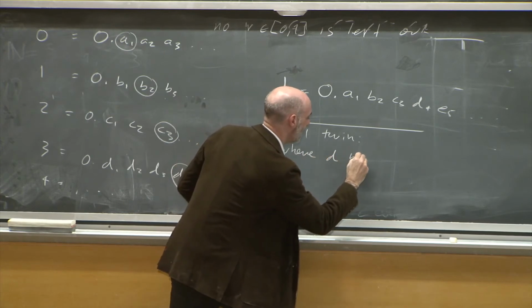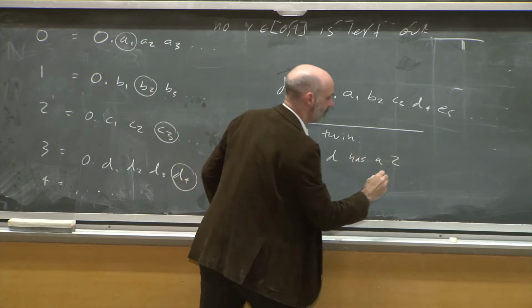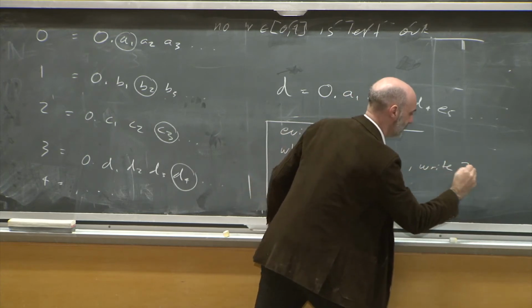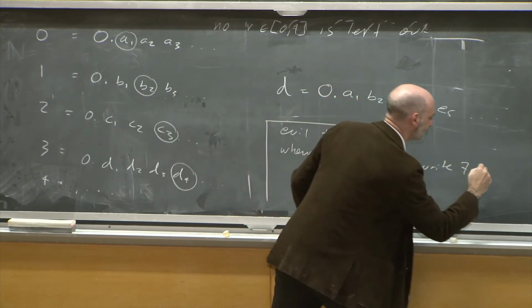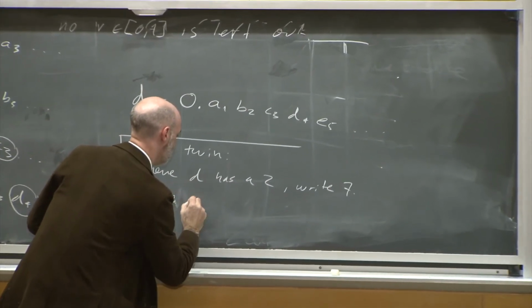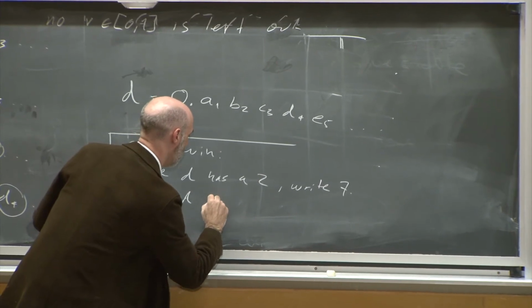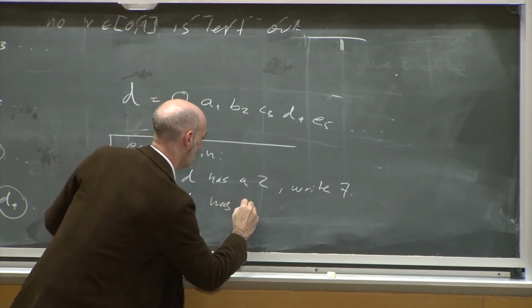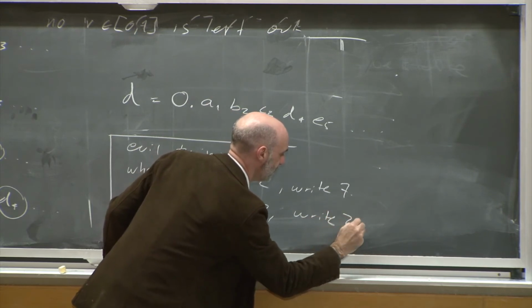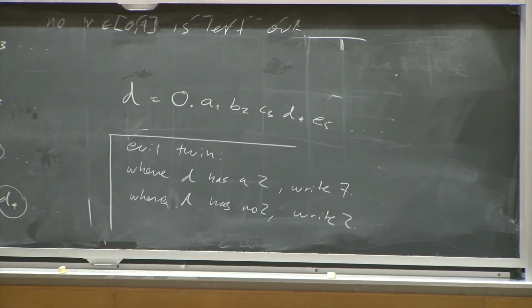Where D has 2, write, for example, 7. And where D has no 2, write 2. That's how you construct the evil twin.